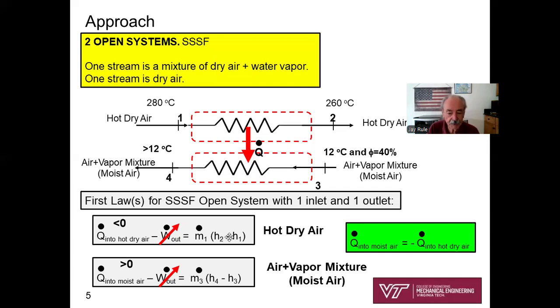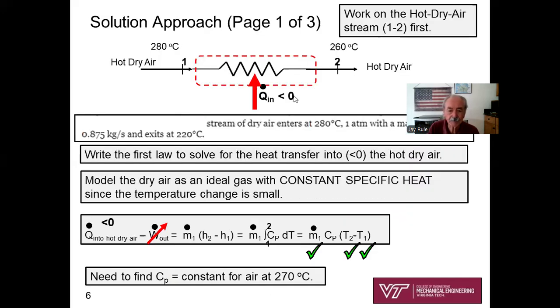You should see immediately, in your experience, how to find the heat transfer into the hot dry air, a negative value. Now, for the air vapor mixture, same approach: Q dot in to the moist air minus W dot out, 0, equals m dot 3 times (h4 minus h3), where those are going to be the enthalpies of the mixture. Okay, so I think you're in pretty good shape on understanding the basics of this problem. All right, so here's going to be our solution approach.